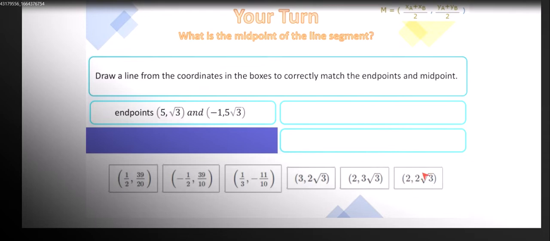Does somebody want to go to the board and drag that answer, or just draw a line from that answer up to this box? Or do y'all want me to do it? All right, it's your turn. You need to type the answer in. Go ahead. I want y'all to do it.